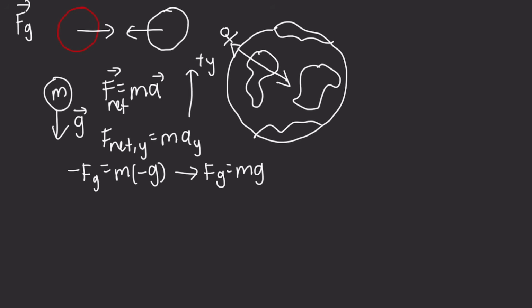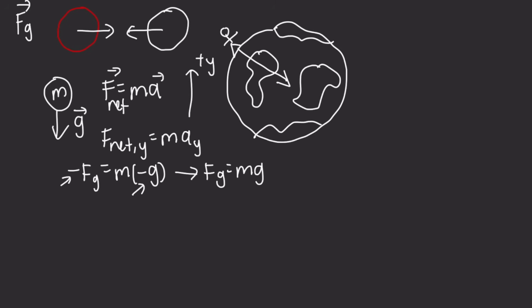So we should take a second here to recognize the importance of signs and reference frames. In this case, we have defined the y direction to be pointing upwards, the positive y direction. So because both the gravitational acceleration and the force of gravity are pointing downwards, we put negative signs in front of both of the values.